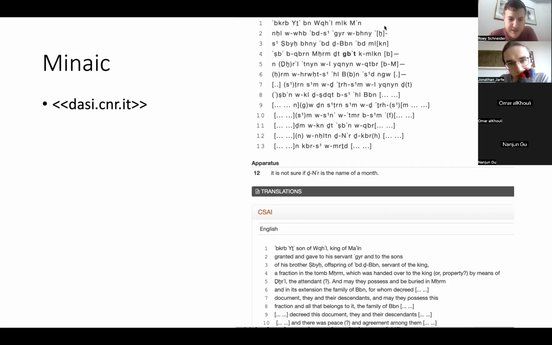Malik Ma'in or something like that. Malik Ma'in. Nahala wa Wahaba Abdas. So gave or granted and gifted his slave. Agyar, probably a name. Wa Bahanai, so and sons. So this H is what I was trying to refer to as a parasitic H that appears in the plurals.